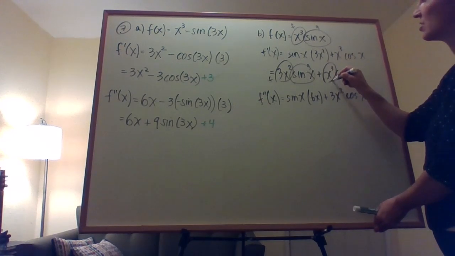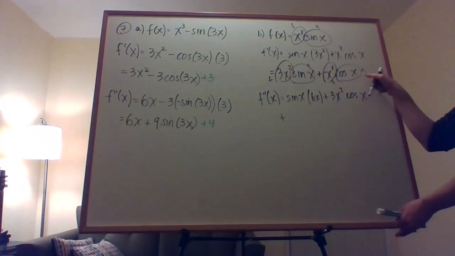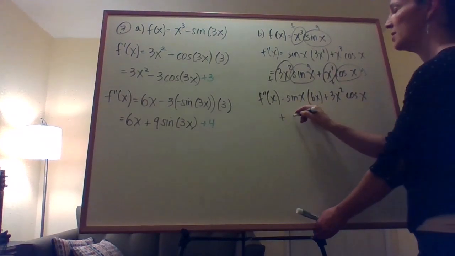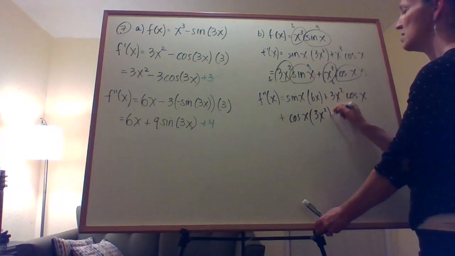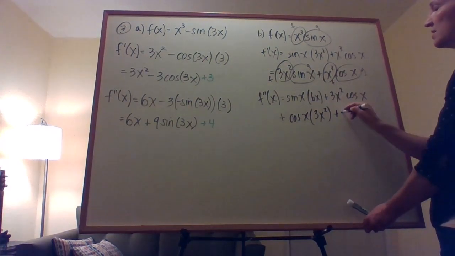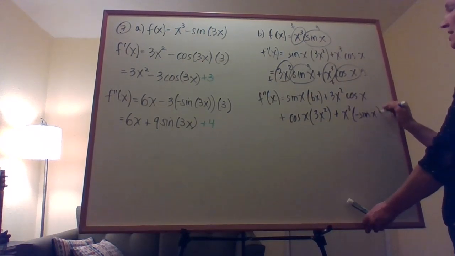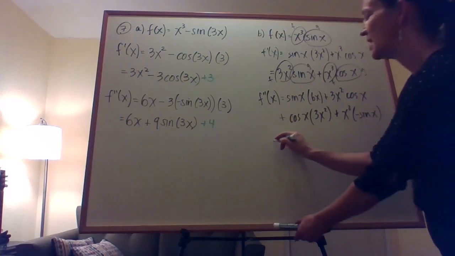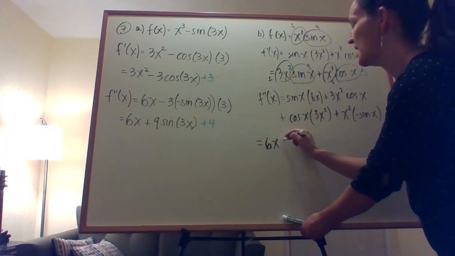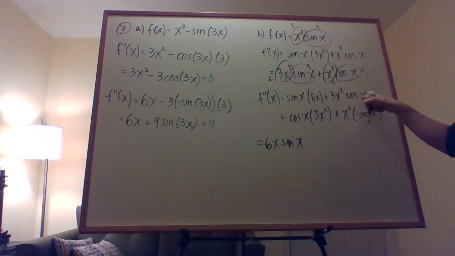Now I'm going to do the second term, another f, another g. So I'm adding on to this what I get here, g times f prime, cosine x times 3x squared, plus x cubed times the derivative of cosine x, which is negative sine x. Now I got to clean that up a little bit. I end up with 6x sine x plus a 3x squared cosine x.